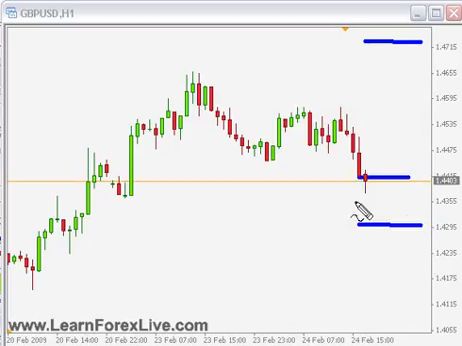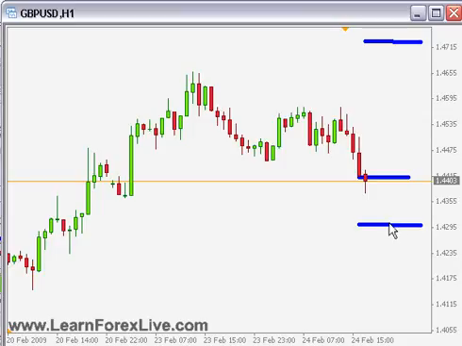Now that you have some profits banked, that this trade is sitting at plus 150 pips in profit, how about if we simply move your stop loss up to entry level?